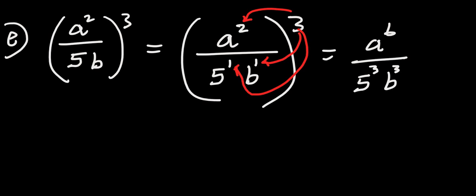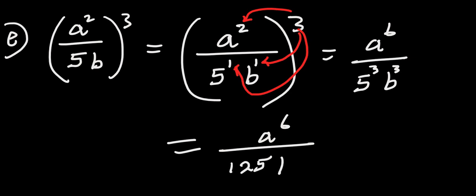As for 5 exponent 3, that's going to give us 125. So finally, you're going to have a exponent 6 over 125 b cubed. Final answer. Does it make sense? I hope it does. All right, let's move on to the next question.